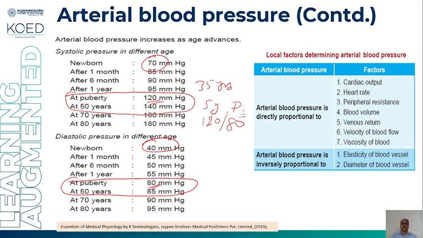That is the reason why universally BP means we tell 120 as systolic pressure and 80 as diastolic pressure. Whereas when age grows again, the pressure moves up. For a 70-year-old, 120 is not normal. 160 can be accepted as normal systolic pressure. Similarly, 90 can be accepted as normal diastolic pressure.